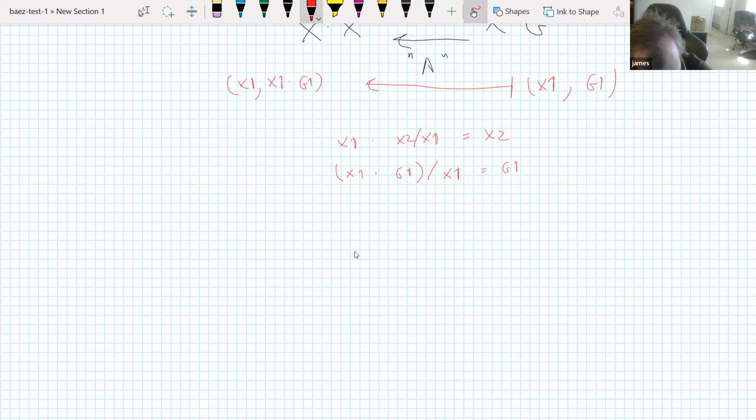Let's take the horizontal to be the positive one eigenspace, and the vertical to be the negative one eigenspace. So I guess that means that the involution in this case is flipping things vertically.